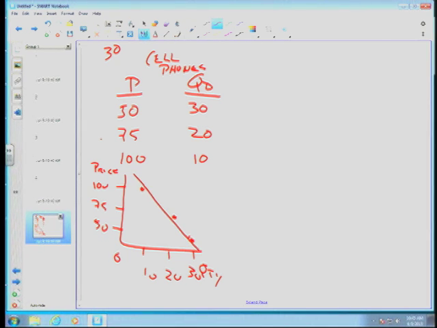So we can draw the demand curve like that, meaning that if the price was somewhere between $75 and $100, we would buy somewhere between 10 and 20. So we can fill in all of these dots, and now we have a demand curve.